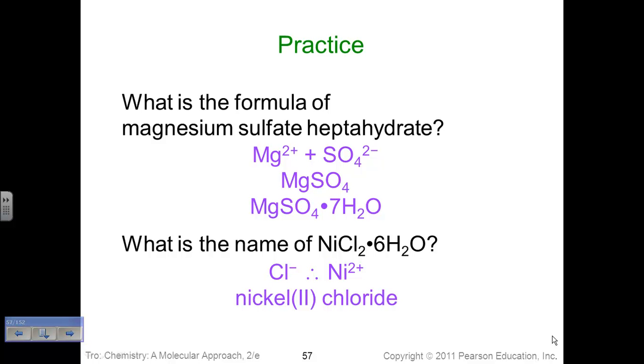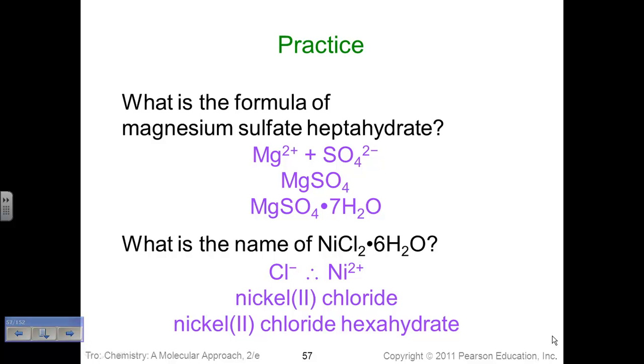I looked at copper. Nickel, number 28, Ni, must have a Roman numeral. Uncrisscross. If chloride's a -1, nickel must be a +2. What's the prefix for 6 waters? Hexa. Nickel(II) chloride hexahydrate.